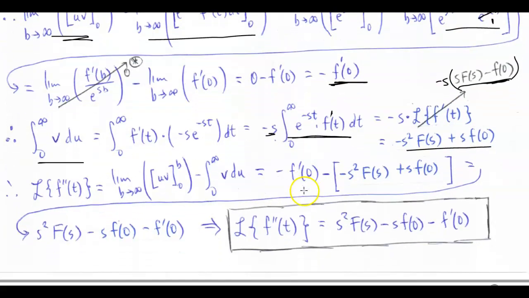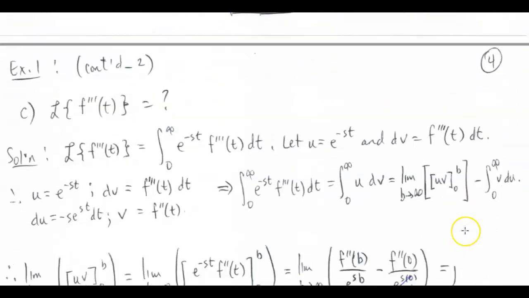So once we put it all together, we see that the first term was just minus f prime of 0, minus, and then of course we have all of this here from the second term, and we see that this ends up being s squared, Laplace transform of f minus s times constant f of 0 minus f prime of 0.